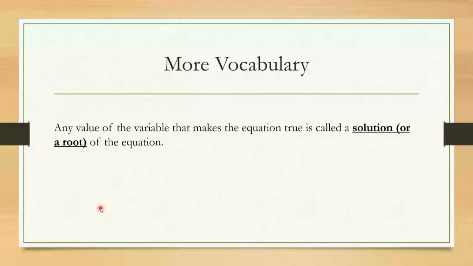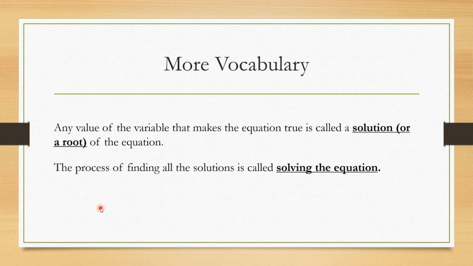So that 1/2 we just found is a solution to that equation. Okay, so that's what a solution is to an equation. And of course, with these equations, we like to find the solutions. That process is called solving the equation. So when you actually go about solving the equation, that process is finding all the solutions.